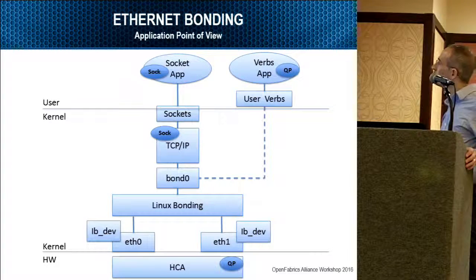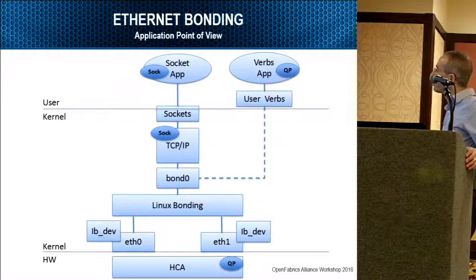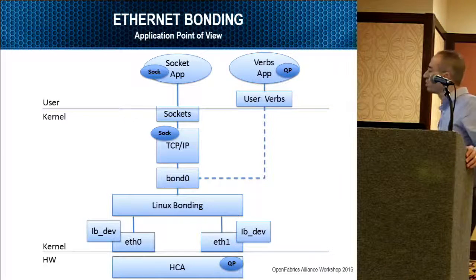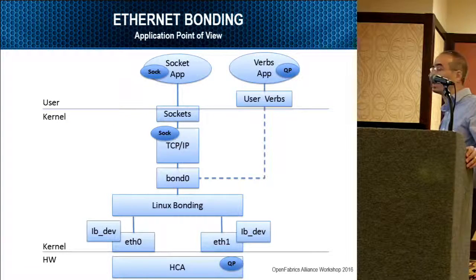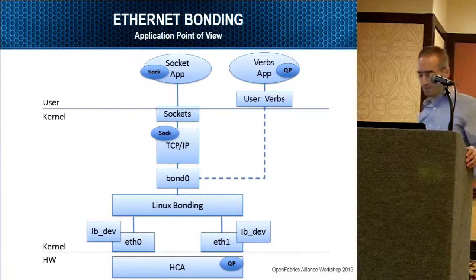So we can see here we have the QP object, which is the transport object similar to sockets, but this object is being managed in hardware. So all the transport is being managed in hardware, and that's why we do need hardware assistance to support seamless link aggregation for RoCE or for user mode Ethernet.